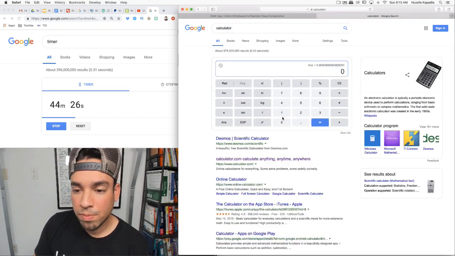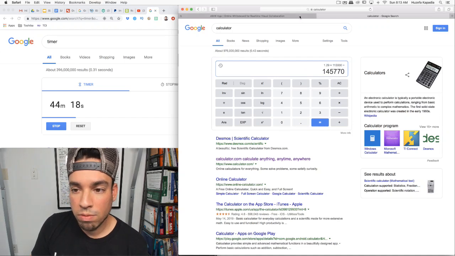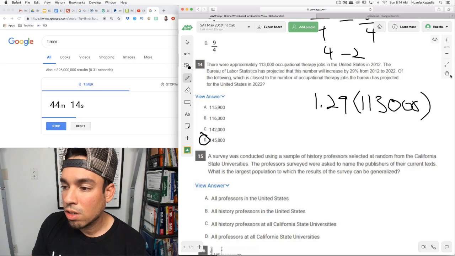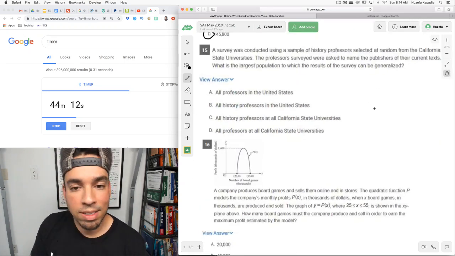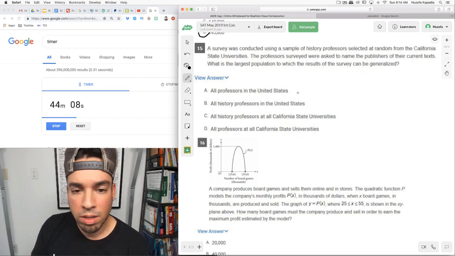So 1.29 times 113,000 equals 145,770. They rounded up to the nearest 100. Boom, done.